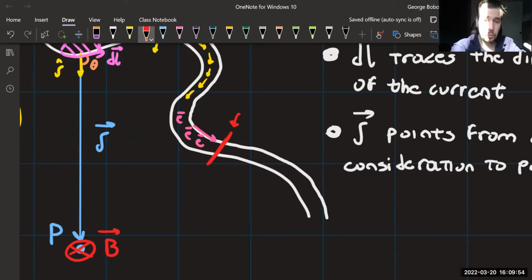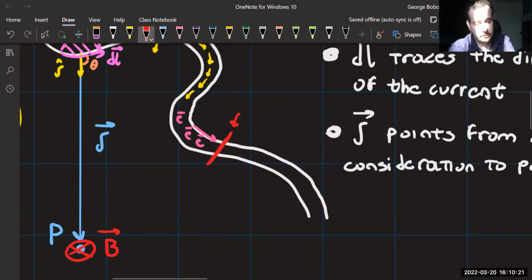That is literally what current measures. So it measures the flow of these electrons through that cross section that you made. We're going to talk about 2D and 3D current distributions when you do Ampere's law, guaranteed. But for now, get this picture into your head, the toll booth picture, that the electrons pass by and you measure how many of them are passing by every second. That's the idea of current.